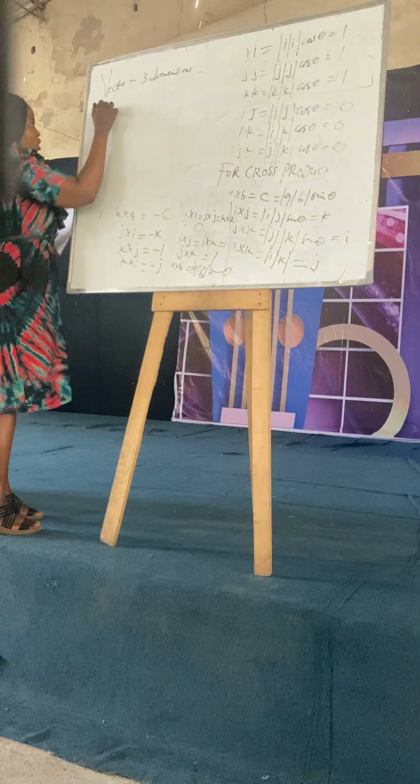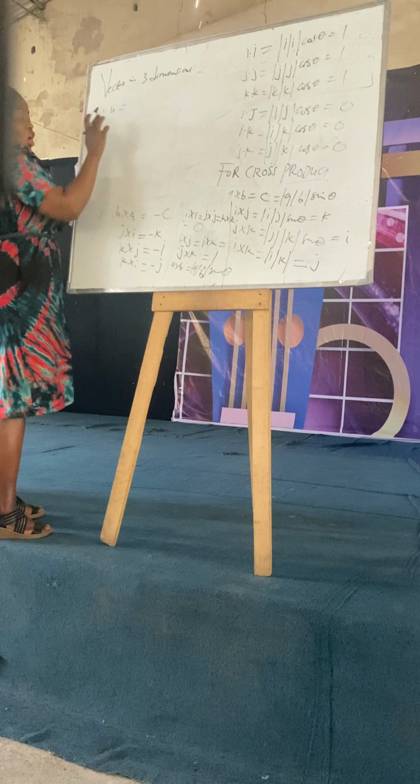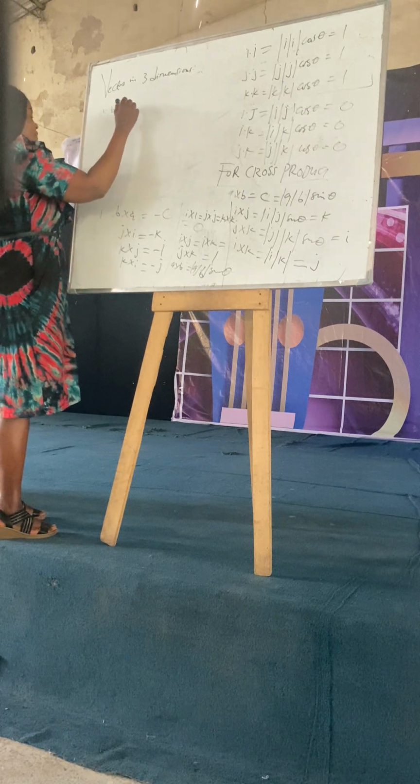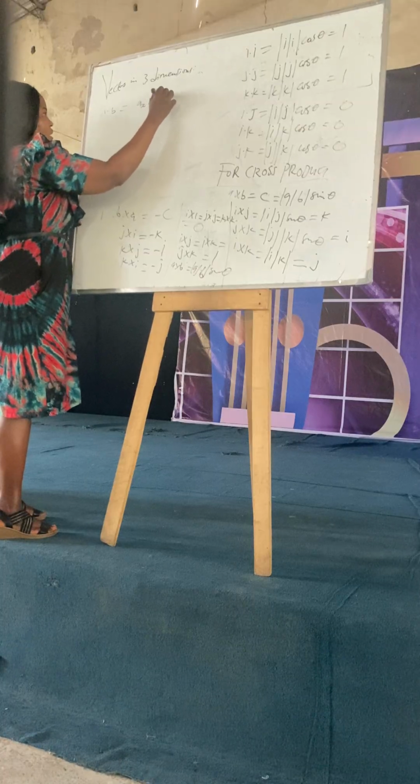For dot product, A dot B, when we have two vectors A and B, you can calculate with AX BX plus AY BY.